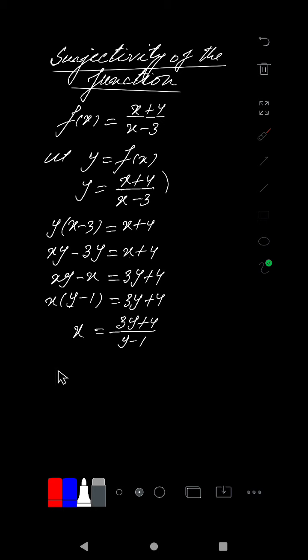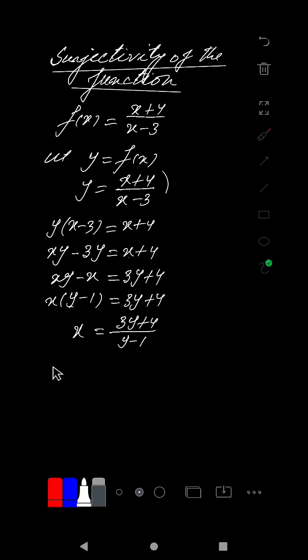And we observe for what values of y, x is defined. So obviously x is defined for all the real values of y except y is equal to 1, because at y is equal to 1, the denominator of this expression becomes 0.